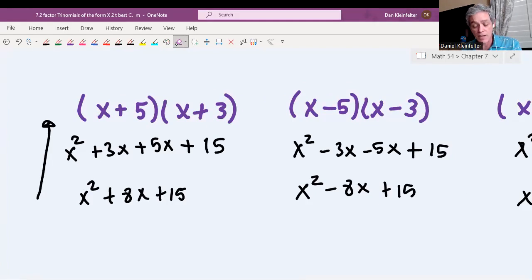When they were negative, negative 3x plus negative 5x, negative 8x. The last sign, being plus, tells us the two numbers are the same sign, either both positive or both negative. And if they are, then the first sign, that plus or that minus, tells us whether we're looking for two positive or two negative numbers.